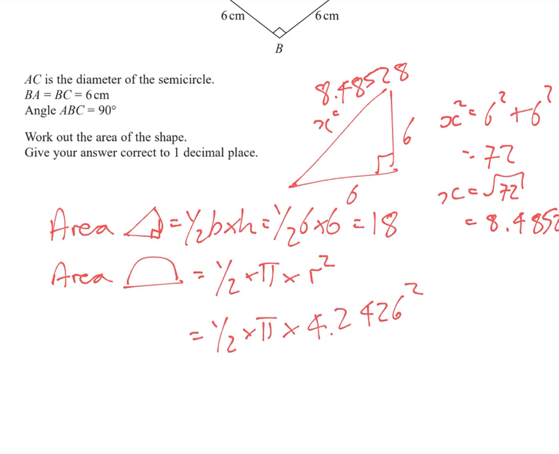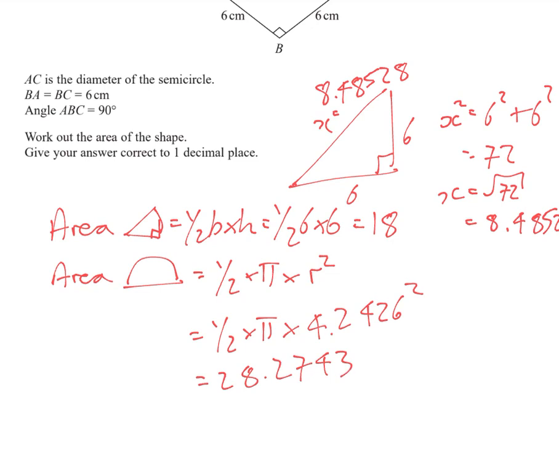Square that, times it by pi, divided by 2 is 28.2743.